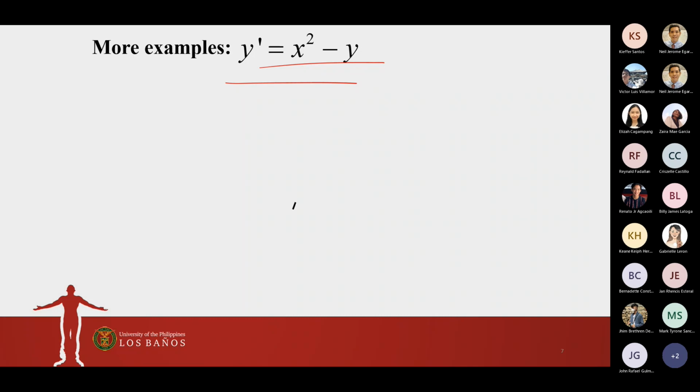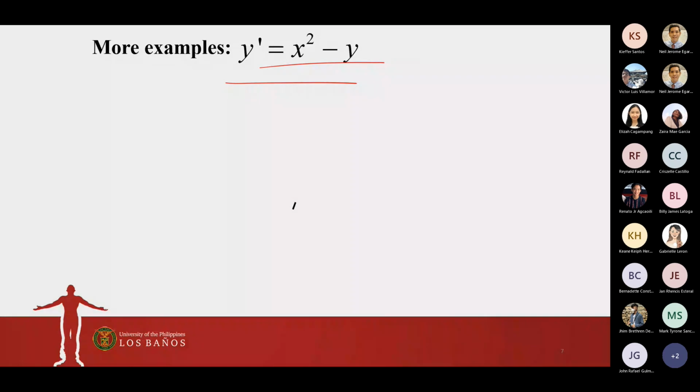So y prime equals x squared minus y. Let's do this by hand first. Tingnan natin yung steps na gagawin by hand. And then let's take a look at how we can implement this in MATLAB, right? So first, y prime equals x squared minus y. Make sure you have an order 1 ODE.